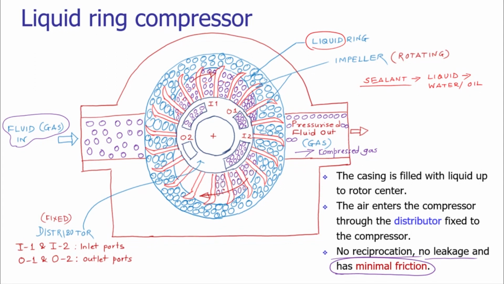The fluid is sucked inside, then it will be pushed, and during the pushing of the fluid, as the space is getting reduced, it will be compressed, and ultimately through the outlet port O2 it will be taken out to the pressurized fluid output, that is the final output, and then it will pass on for the desired application.